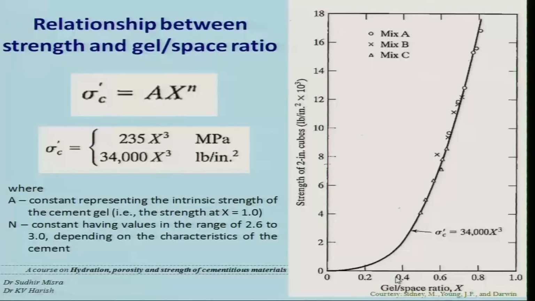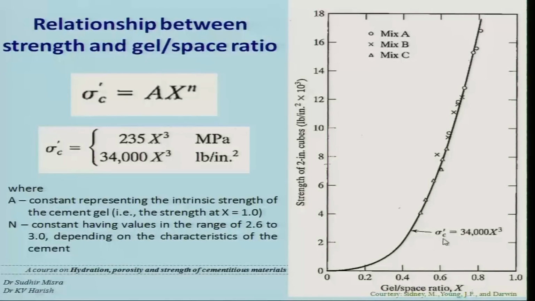And then he plotted gel to space ratio on the x axis and the strength that he obtained on the y axis, and he typically got data points indicated by these symbols, the round symbol as well as the cross symbols and also the triangles, and he plotted a curve, and the equation is approximately rho c dash equal to 34,000 x cube.